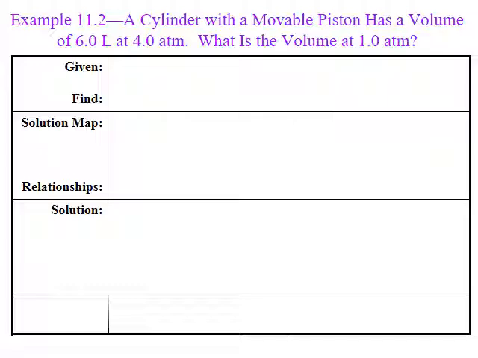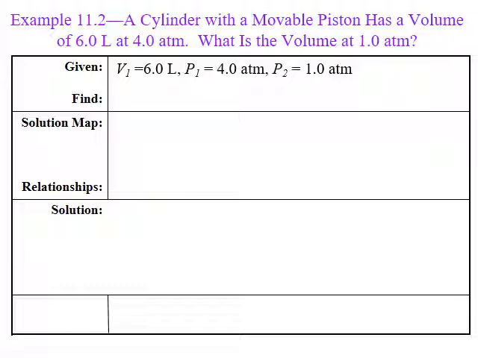The next question is, a cylinder with a movable piston has a volume of 6 liters at 4 ATM. What is the volume at 1 ATM? So we again need to figure out what is initial and what is final. You can assume whichever one is initial here because it doesn't tell you the initial condition.